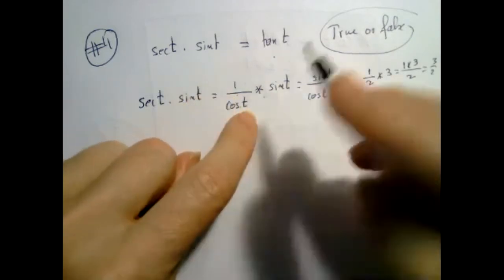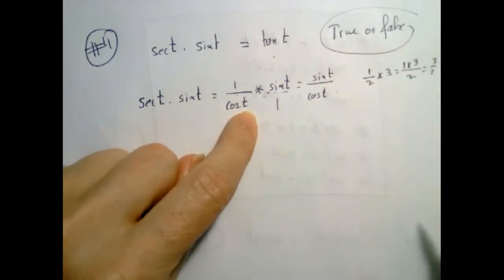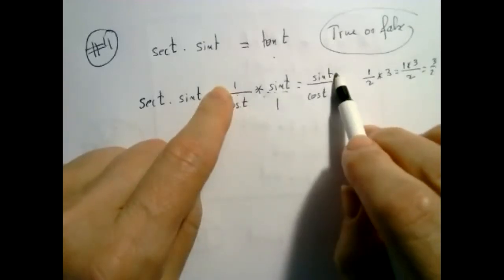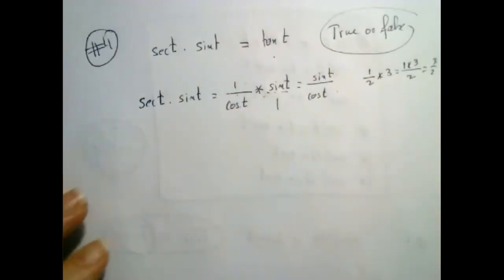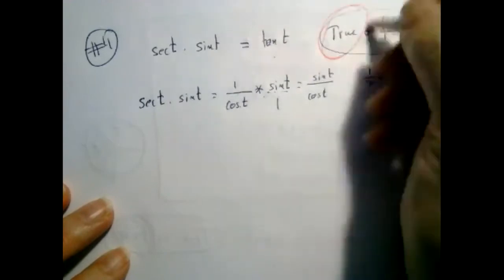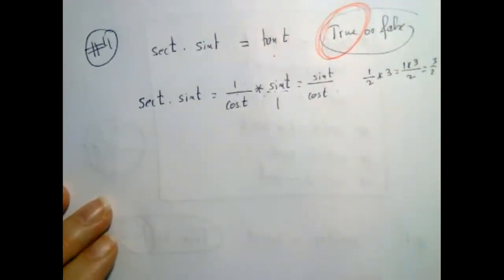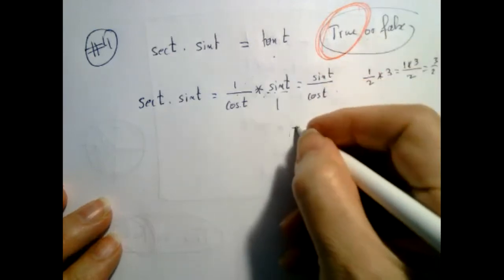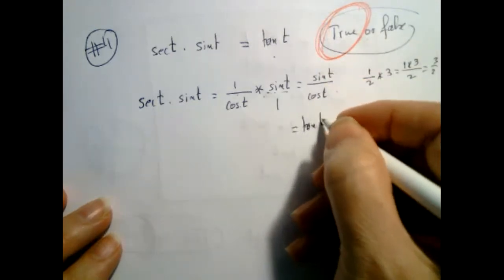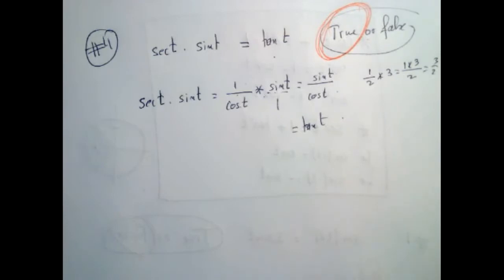You multiply the numerator, so you can think of this as divided by 1. Multiply the numerator, you get sine. So true or false, it's absolutely a true statement, because this is exactly the tangent of t. All right, so we have really to do a little bit of math. So this is absolutely a true statement.